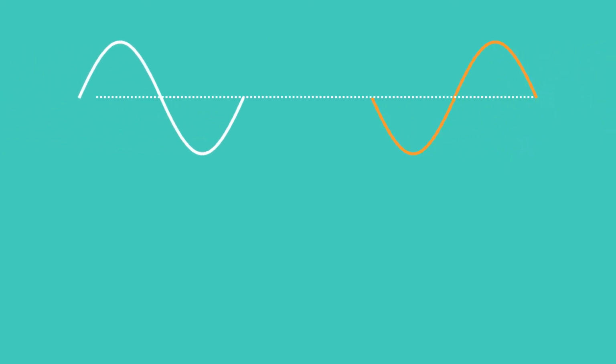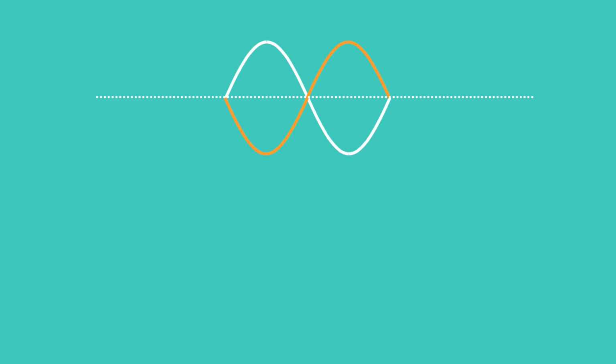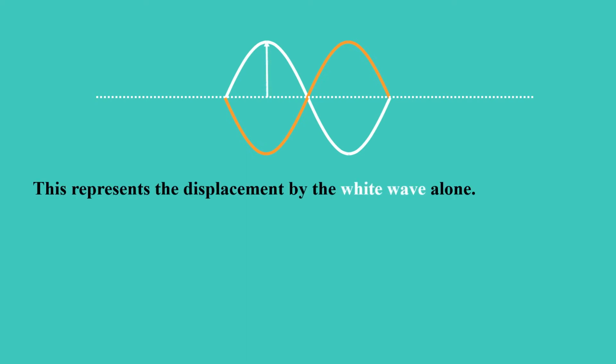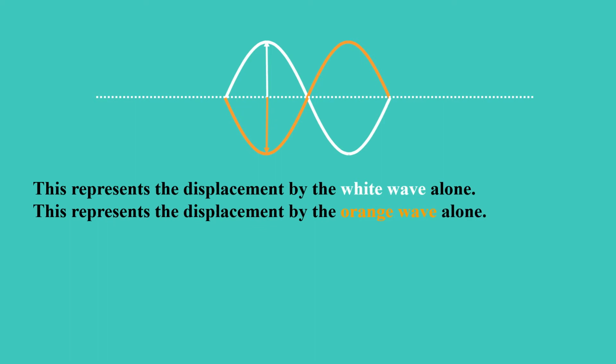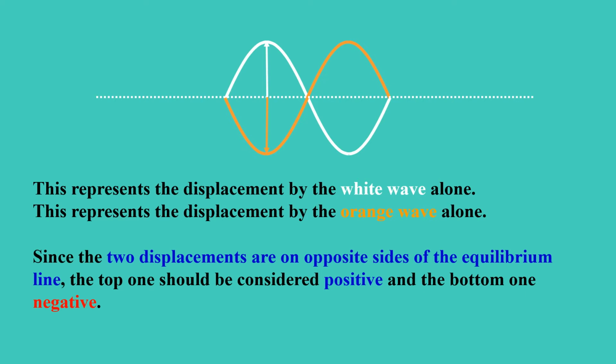Let's consider now a white wave that meets with an orange wave where these two waves are out of phase. So, this represents the displacement by the white wave alone, while this one represents the displacement by the orange wave alone. Since the two displacements are on opposite sides of the equilibrium line, the top one should be considered positive and the bottom one negative.